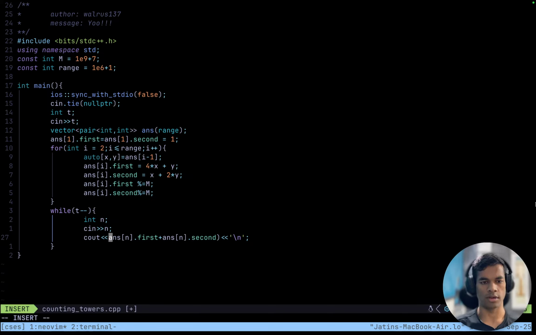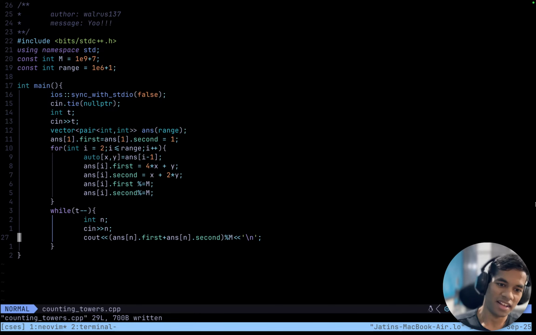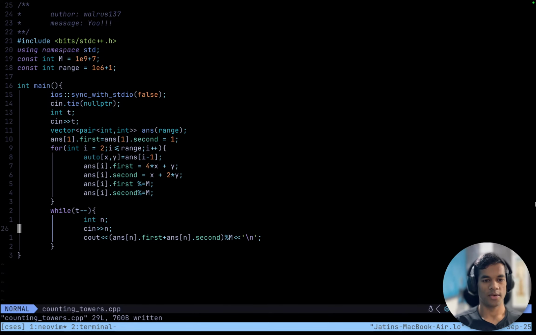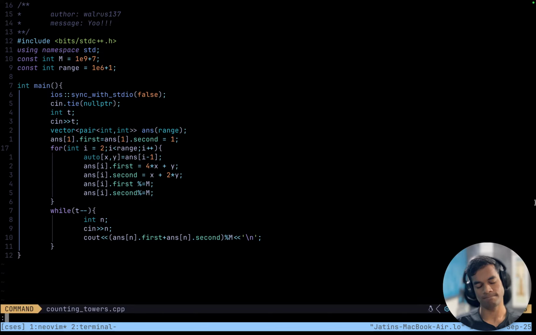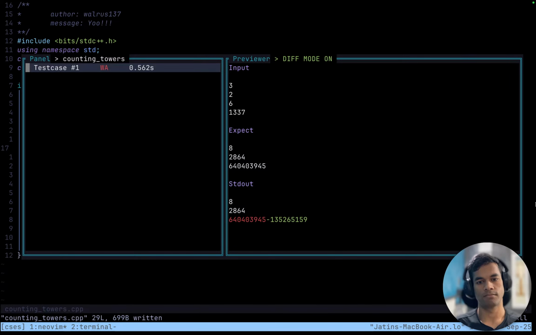So let's also take modulus and less than range.